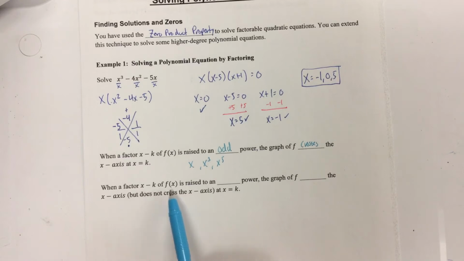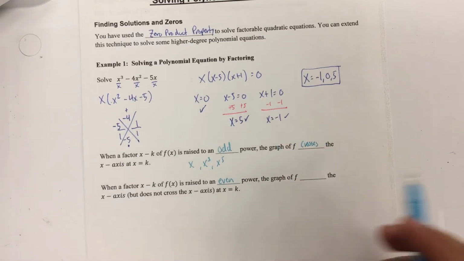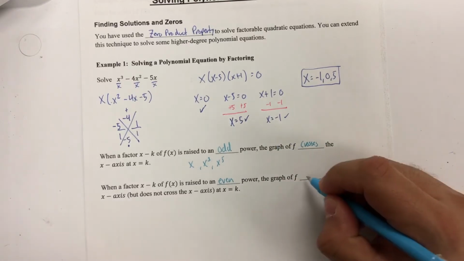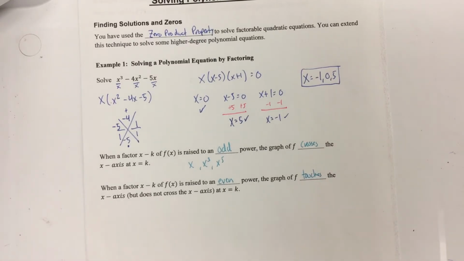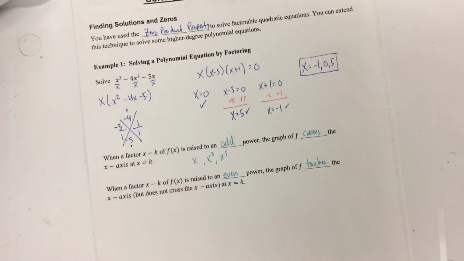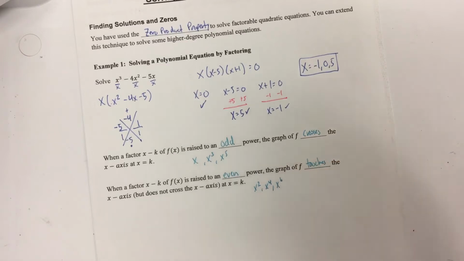When a factor x minus k of f of x is raised to an even power, the graph of f touches the x-axis but does not cross the x-axis at x equals k. To summarize what this says, and this is what we tend to use more, for an even exponent, you could have x squared, x to the 4th, x to the 6th, and so on.